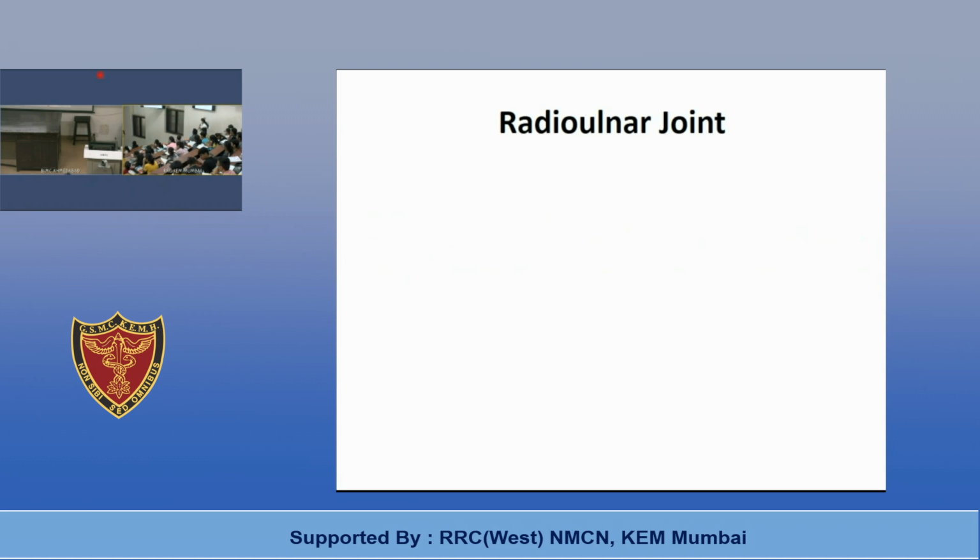So there are how many radioulnar joints? Can you name them? Superior, middle and inferior radioulnar joint. Similarly, if you compare it with lower limb, which joints are comparable? Tibiofibular joints. So they are also superior, middle and inferior, right? Superior is pivot type of synovial joint.